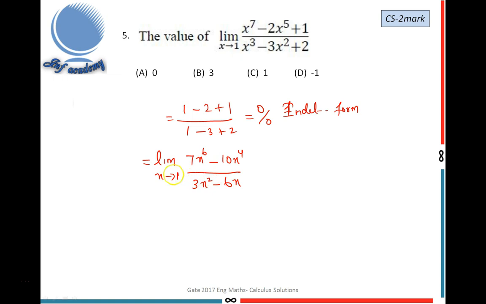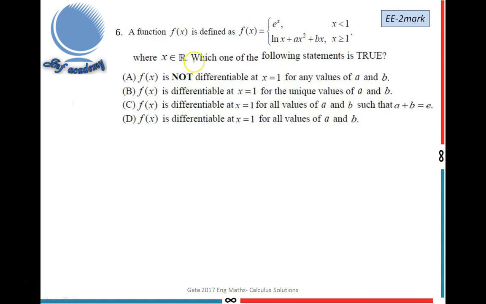In that, I substitute the limit x tends to 1. So 7 minus 10 divided by 3 minus 6. Finally, I get minus 3 divided by minus 3. So the final answer is 1. Option C is the correct answer.